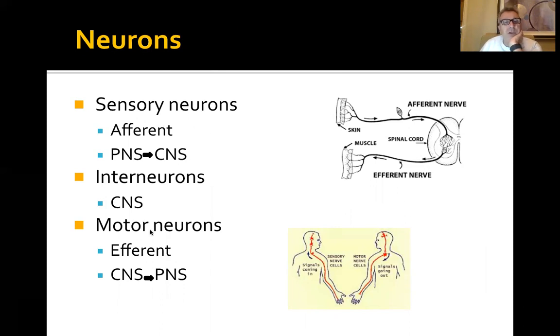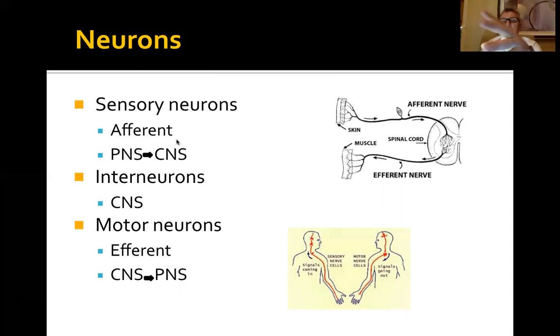We talked about the sensory neurons and the motor neurons, but there's also interneurons, so interconnecting, right? The sensory ones are located in the receptor, and they're called afferent. I'll tell you a way I remember it. It goes from the peripheral nervous system to the central.